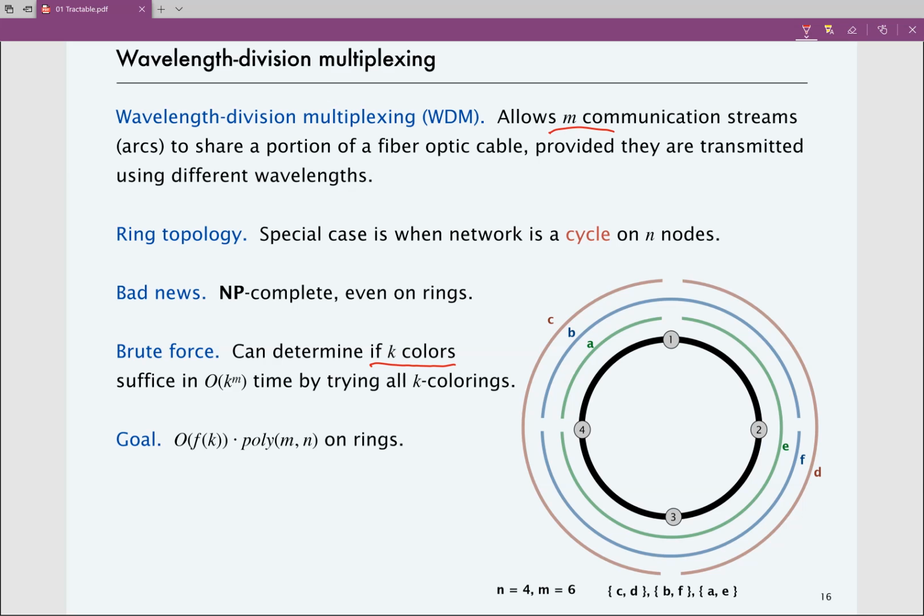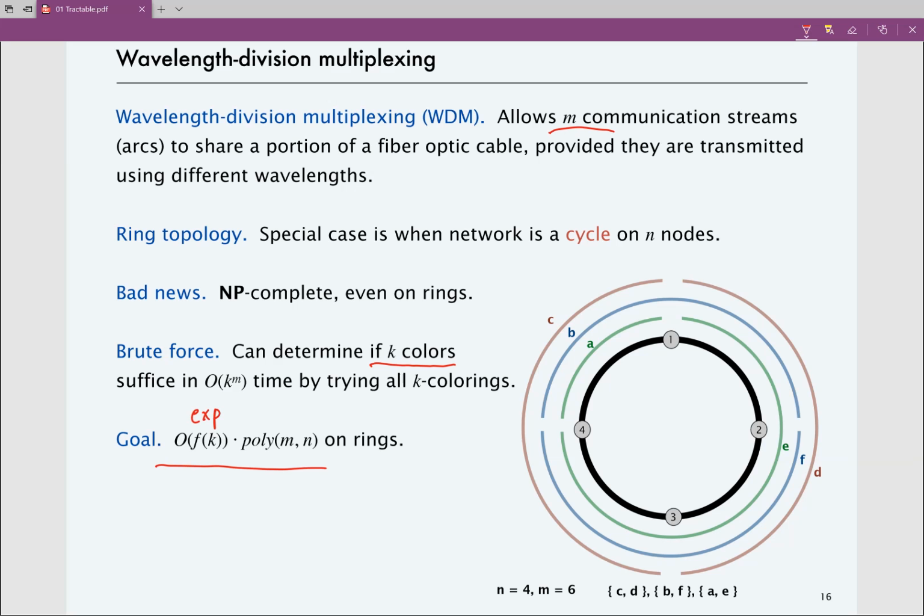So instead of the brute force approach, we want something like this, where the complexity is some sort of function of K. And this can be an exponential function. We allow this to be exponential because we assume that K is going to be small in practice. So even though this is exponential, it is still somehow feasible.